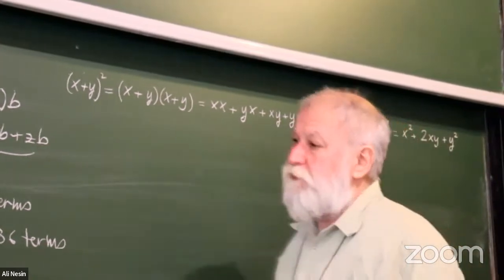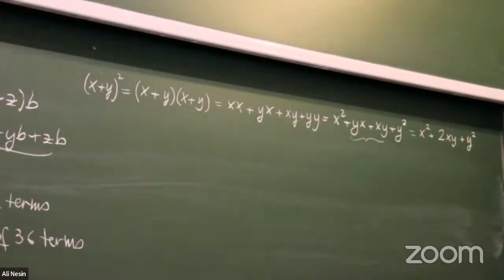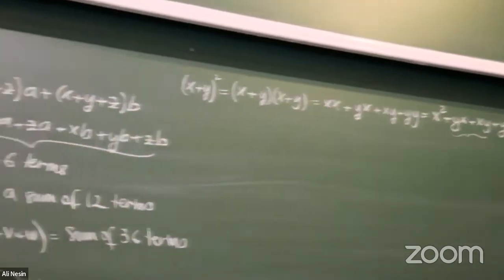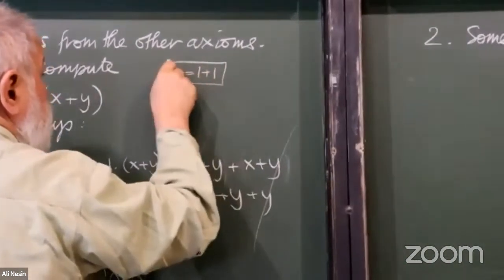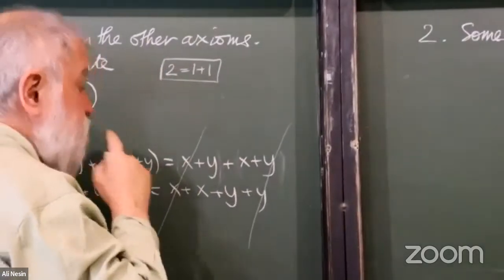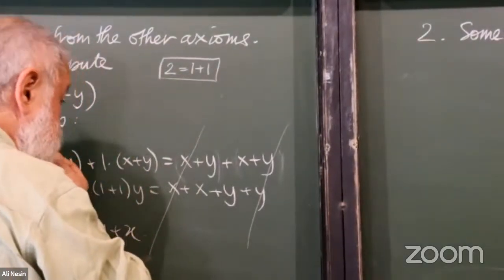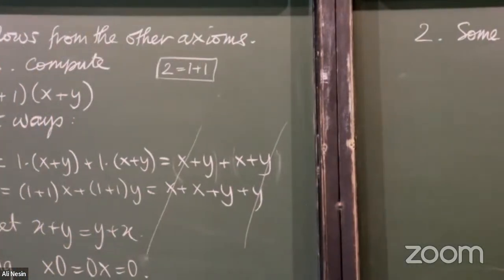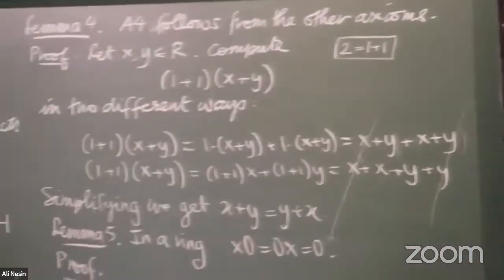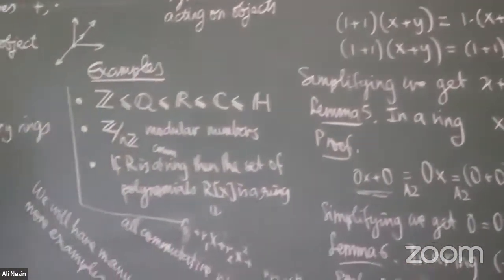What's 2 in a ring? In a ring, 2 is equal to 1 plus 1. That's how it's defined. I should have given a more sophisticated example, maybe. I give this as homework.